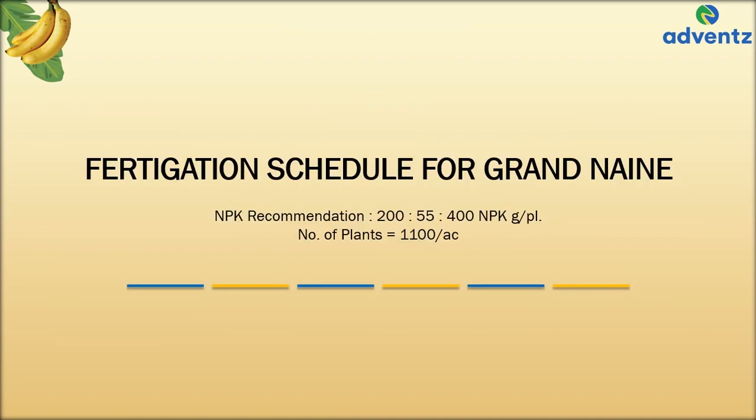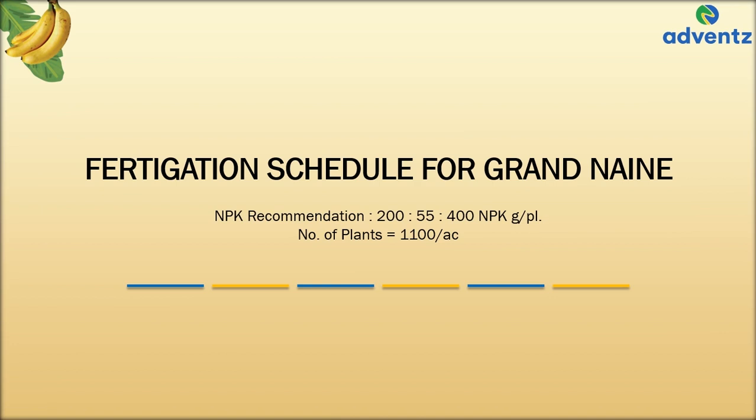Now, let us look at the fertigation schedule for banana variety Grand Nain. The blanket recommendation of NPK, nitrogen, phosphorus, potassium for Grand Nain is 200:55:400 grams NPK per plant.